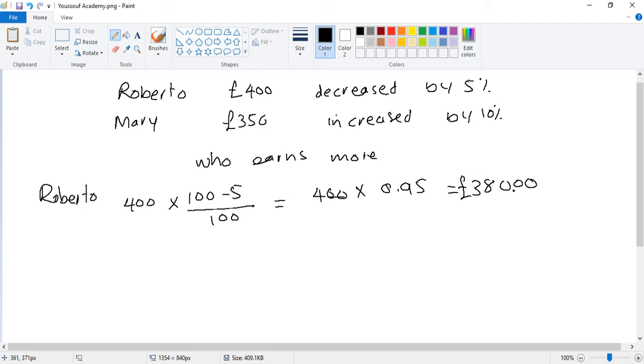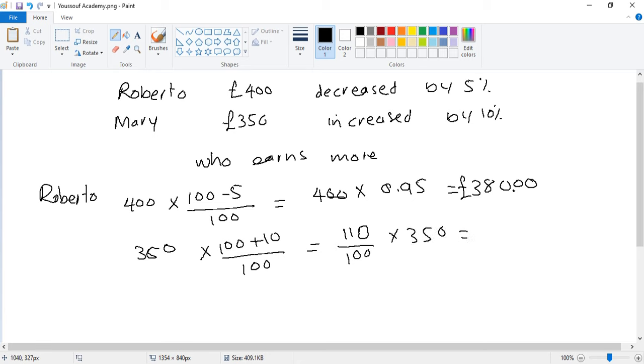What about Mary? Mary's 350 is increased by 10%. It will be 100 plus 10 over 100, which is 110 over 100 times 350, which equals 350 times 1.1.